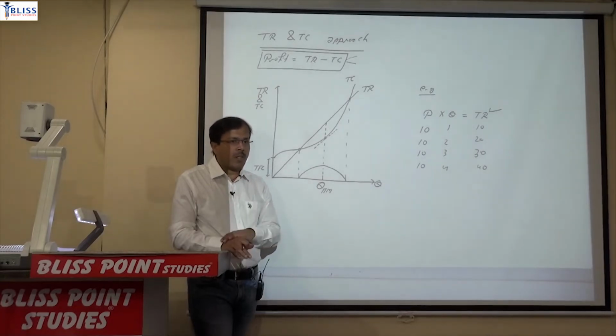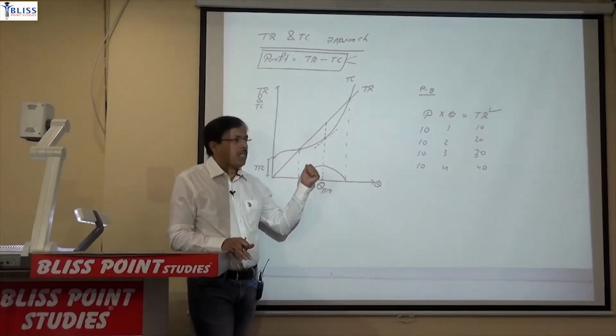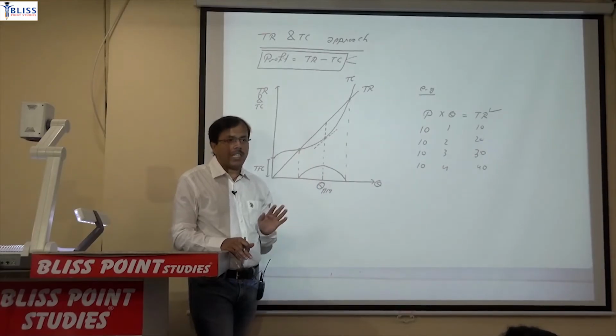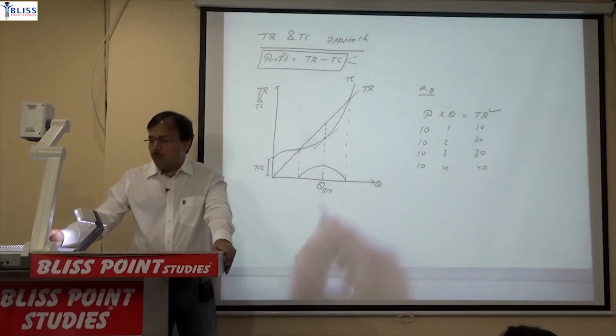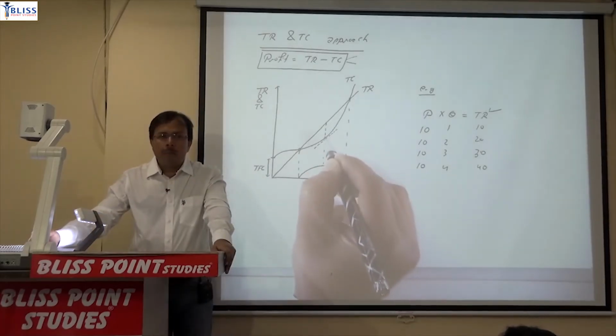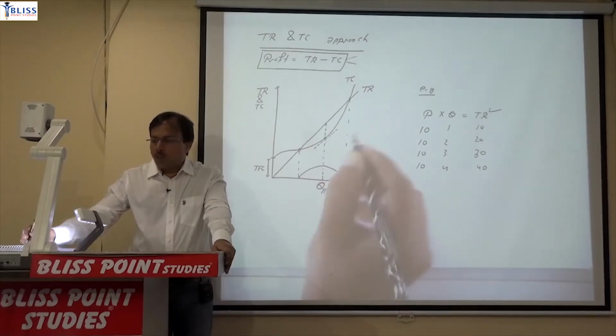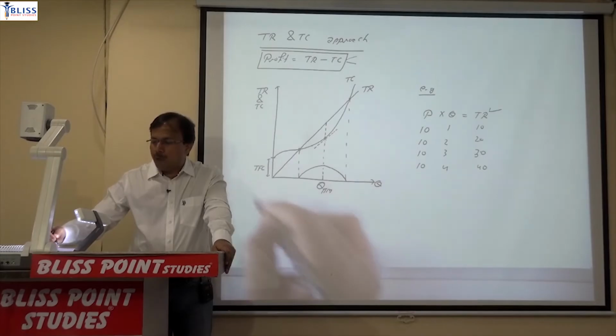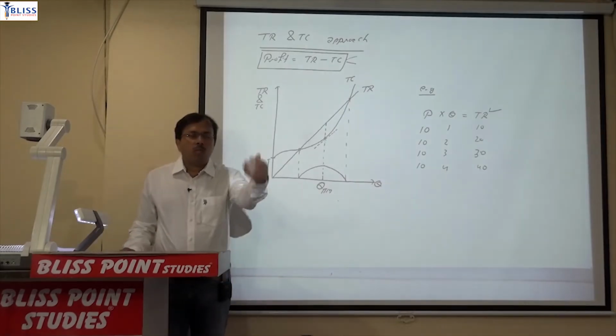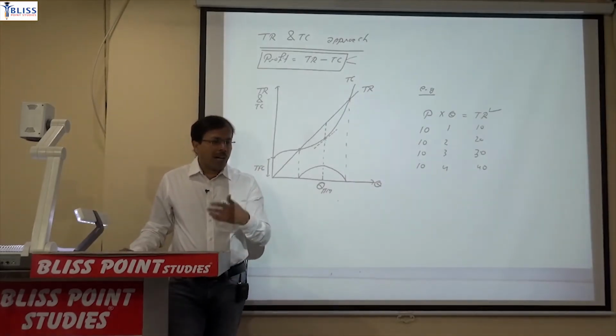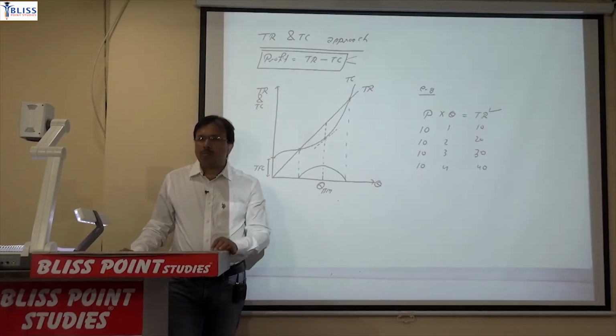Both conditions should be satisfied, but for which approach have we made this diagram? You have not drawn the MR and MC lines. You have in fact drawn the TR and TC lines. So this is the quantity where profit gets maximized. So you are explaining profit graphically without using marginal revenue, marginal cost, average revenue, average cost, and so on.